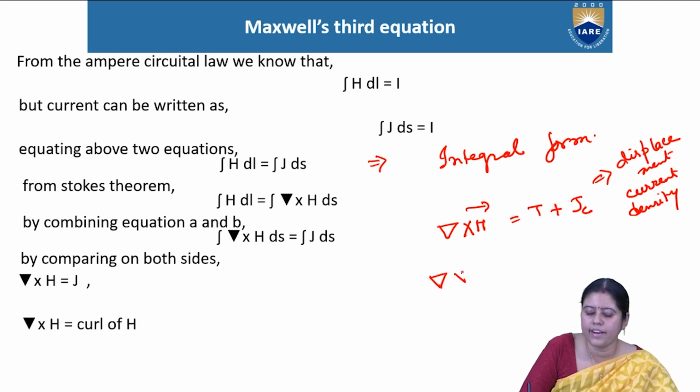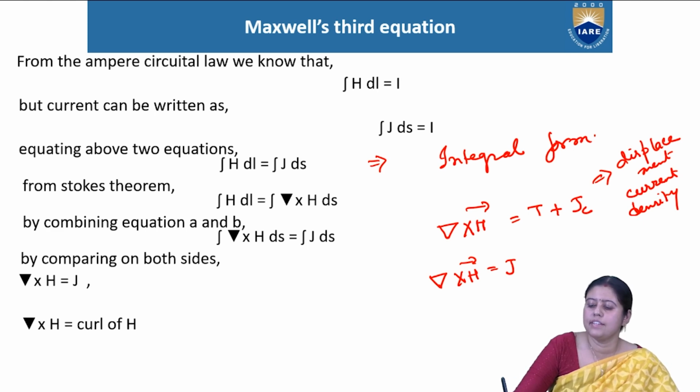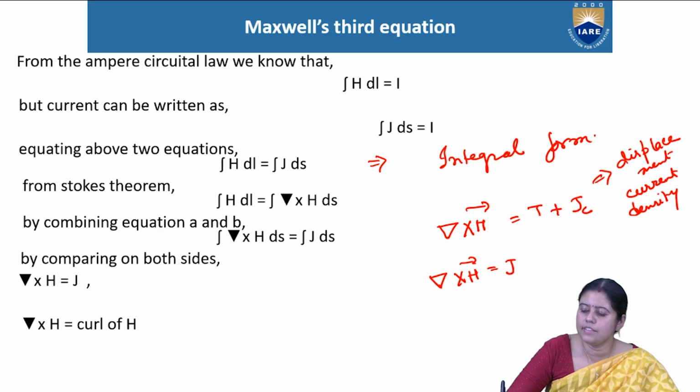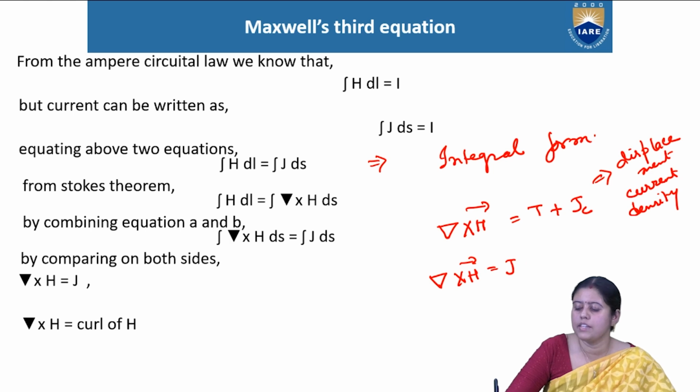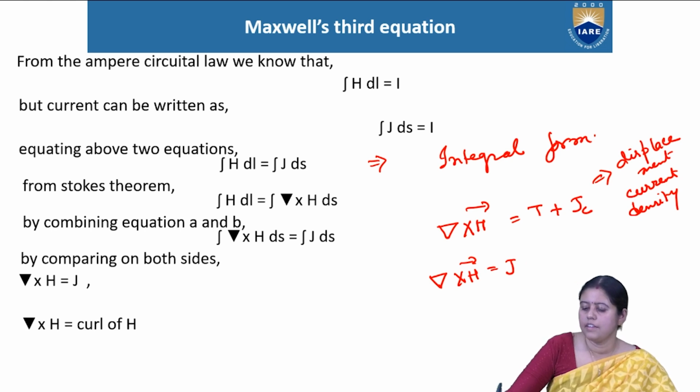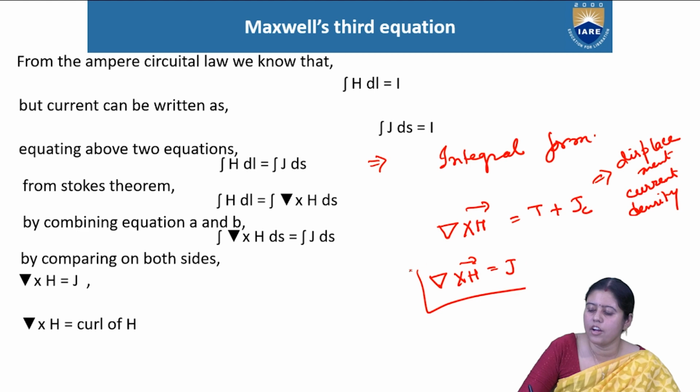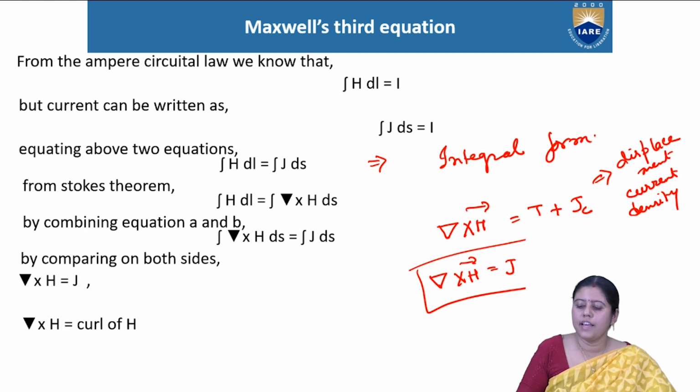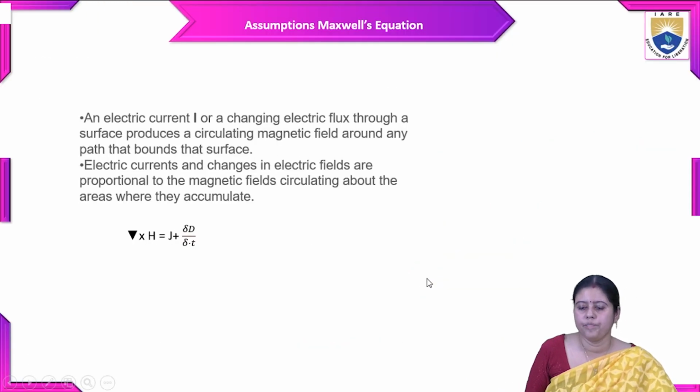So we can write grad cross H is equal to J plus del D by del T. What is JC? JC is equal to del D by del T, where D is the electric flux density. So we got grad cross H is equal to J plus del D by del T.